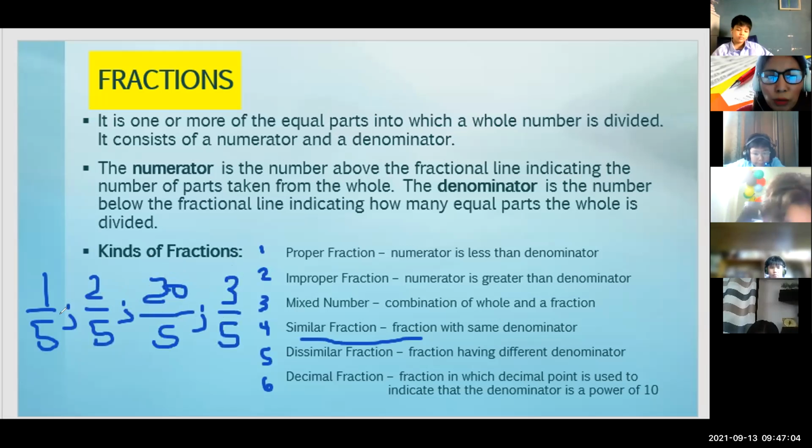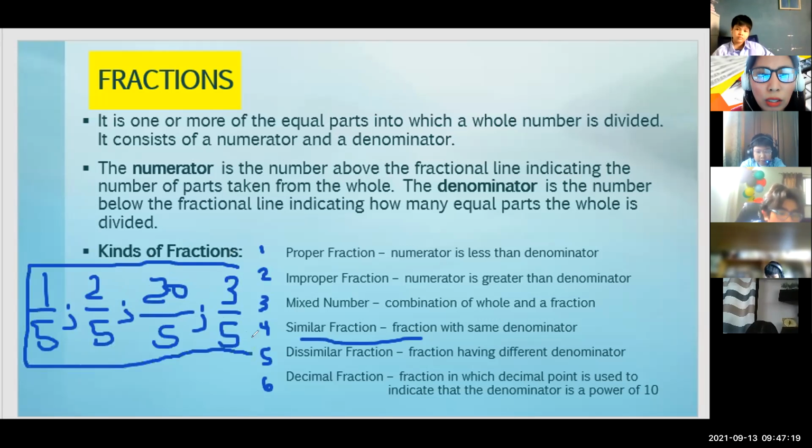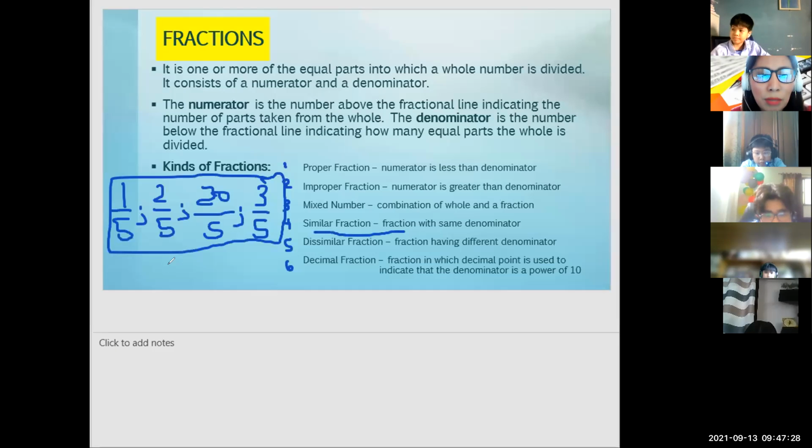So basically, when we say similar fractions, these are multiple fractions that have the same denominators. All have the same denominators. That's why they are called similar fractions. Okay? Similar fractions because all have the same denominator.